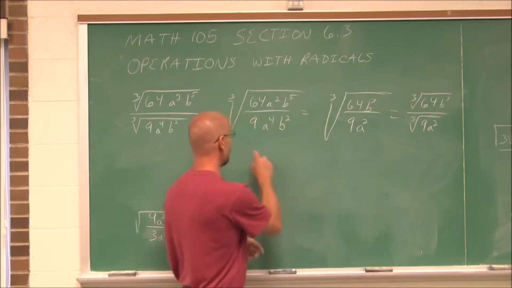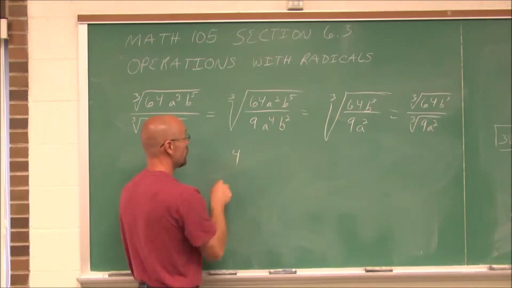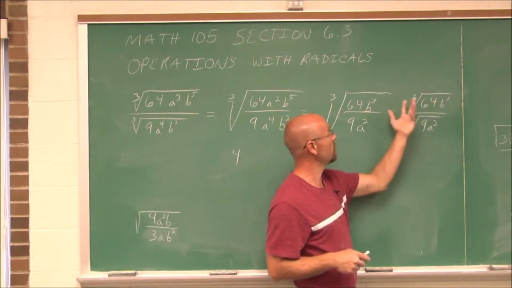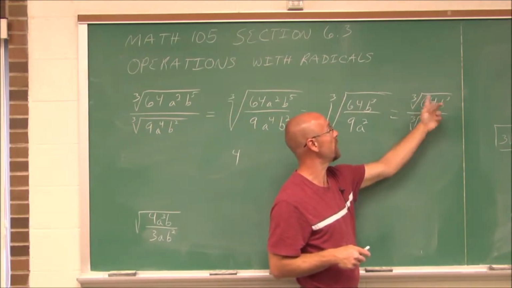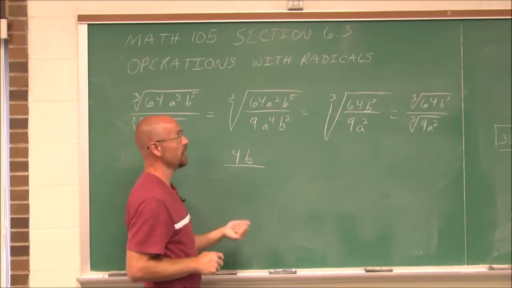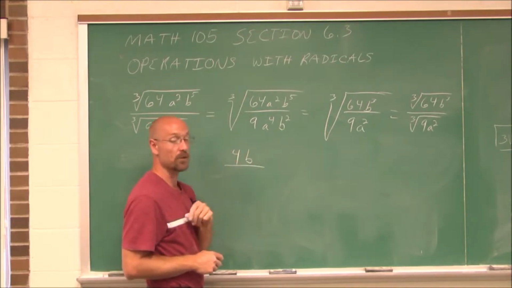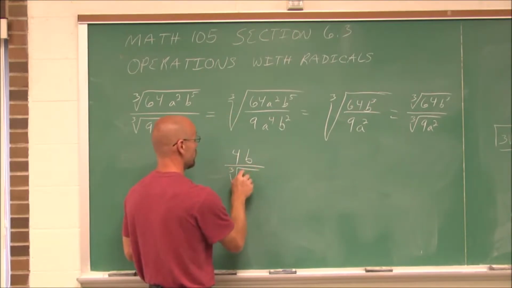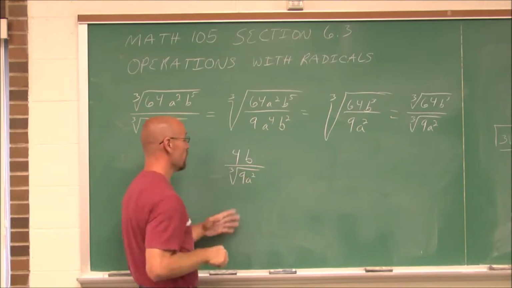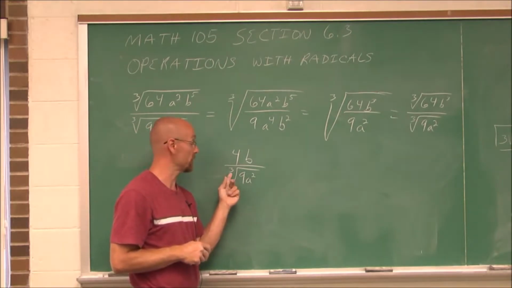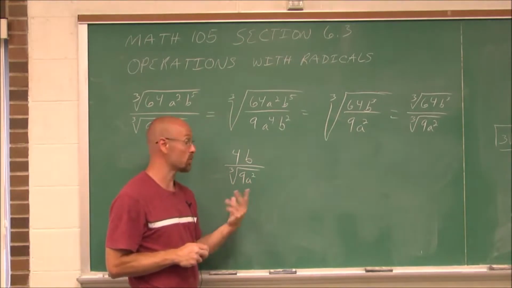So I can rewrite it as 4, and the cubed root of b cubed, well, that's a perfect cube. I can pull that out as well. So I have 4b on my numerator after I've simplified it over the cubed root of 9a squared, which 9 is a perfect square, but not a perfect cube. a squared is a perfect square, but not a perfect cube.